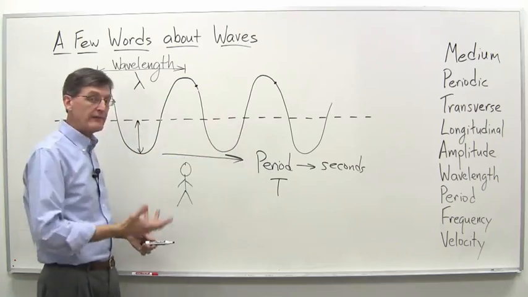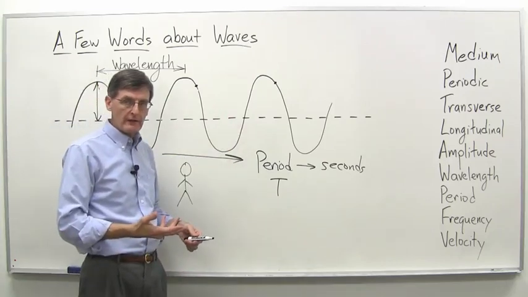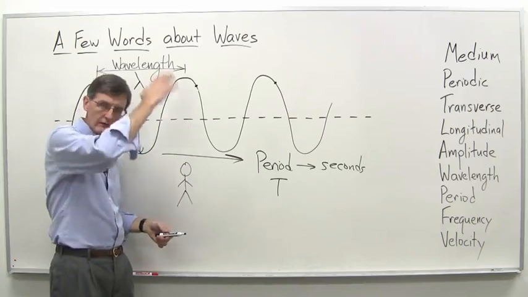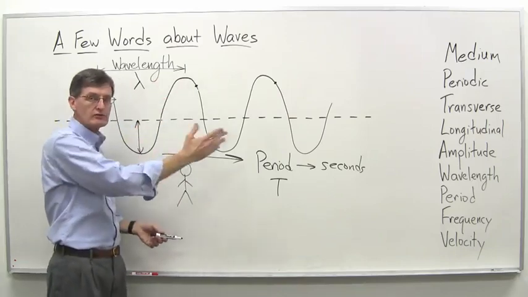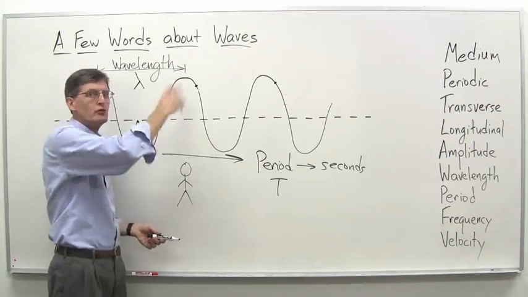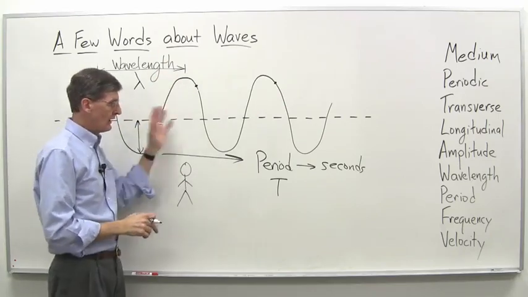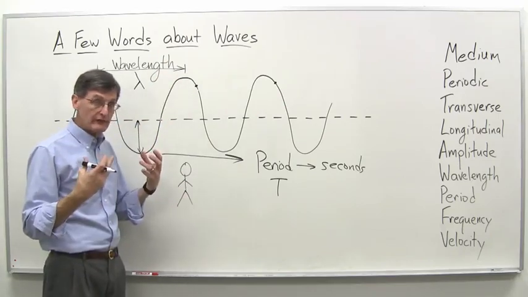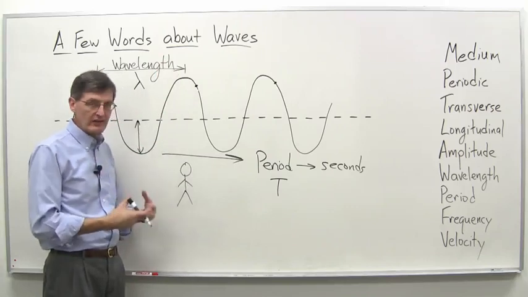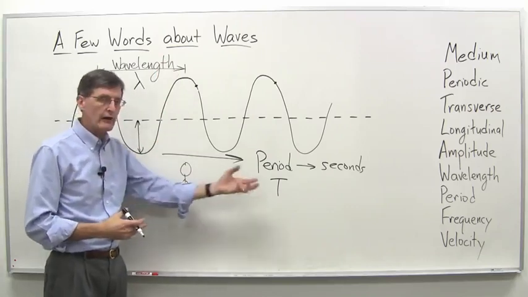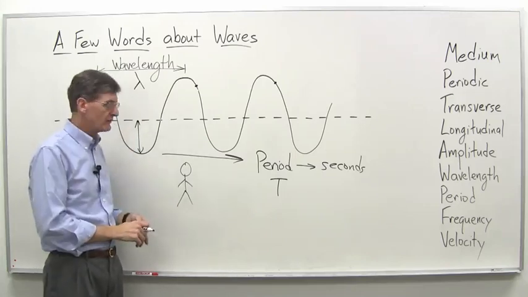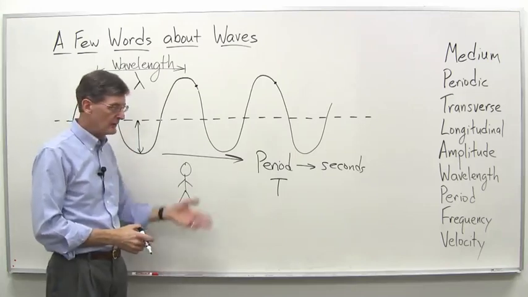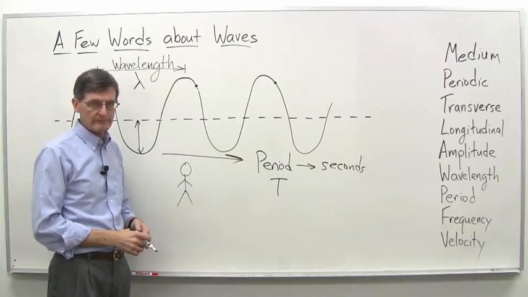So a high frequency wave is going to be one with a lot of oscillations in 1 second. Say I'm here and I'm counting the number of oscillations per second I see, the number of up and down movements that my wave is making as it goes by. If it's a lot of oscillations in a second, then I say that's a higher frequency wave. If it's fewer oscillations in a given time period, in a second or whatever it might be, that's a lower frequency wave.